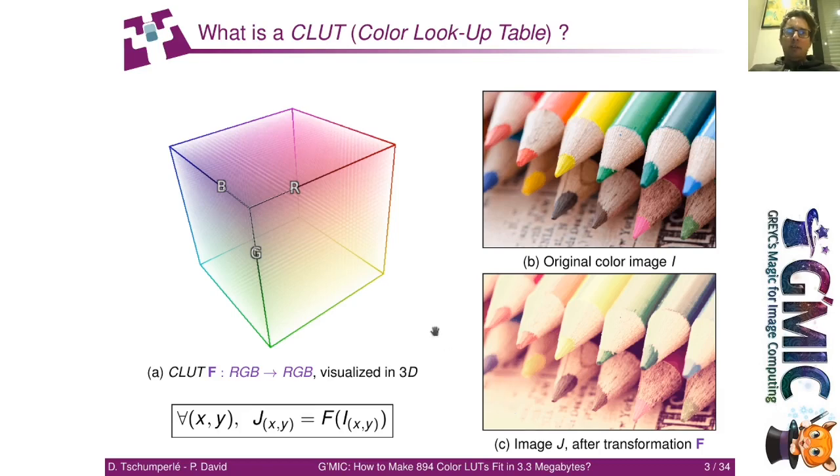As a CLUT is basically a lookup table for all existing RGB colors, you can feel that it's quite a large object. For instance, for a color image encoded with 8-bit per channel, you theoretically need a resolution of 256 cubed, that is to say more than 16 million color correspondences.